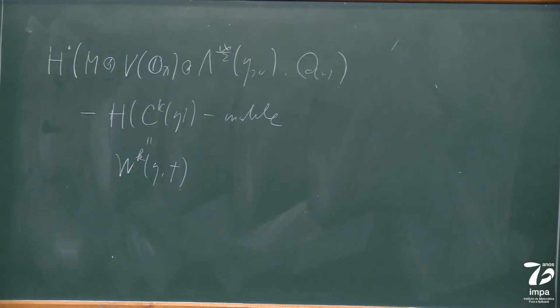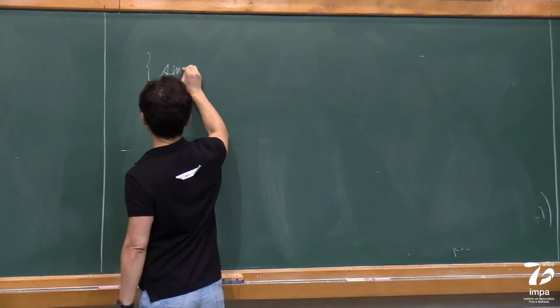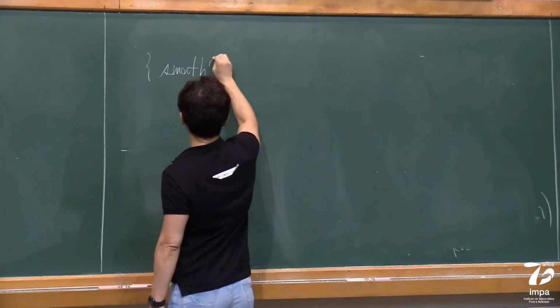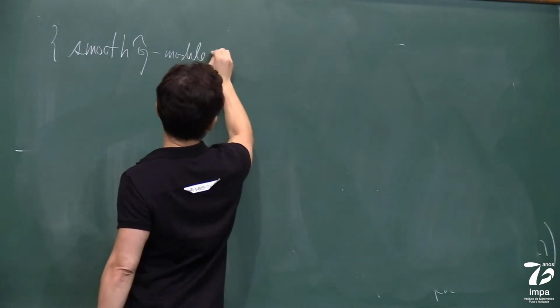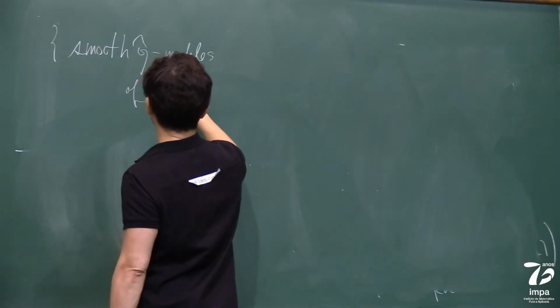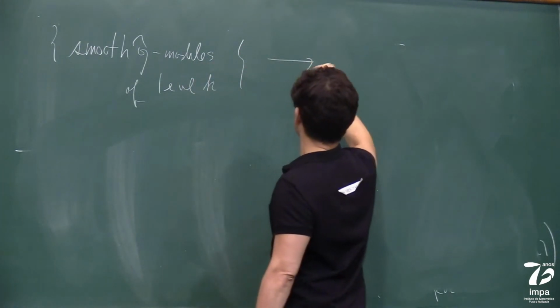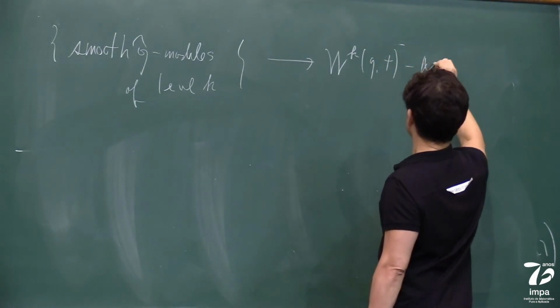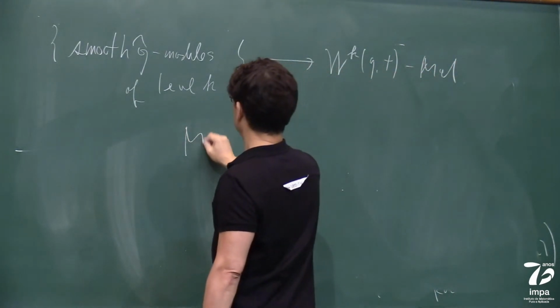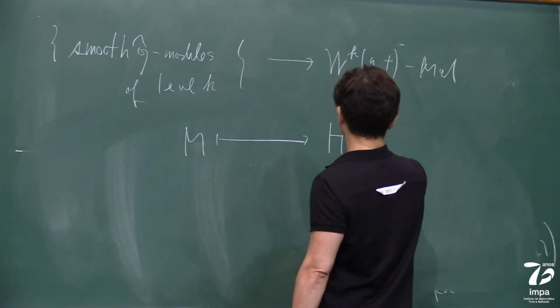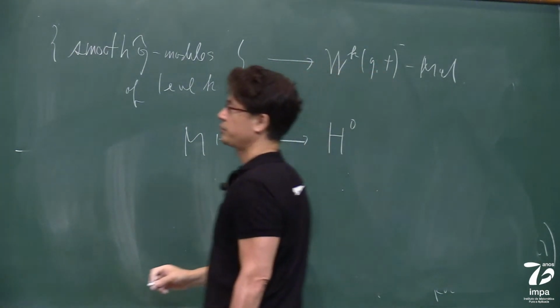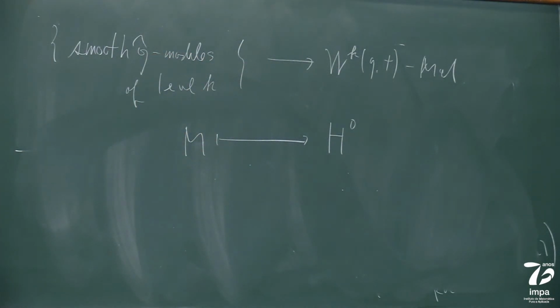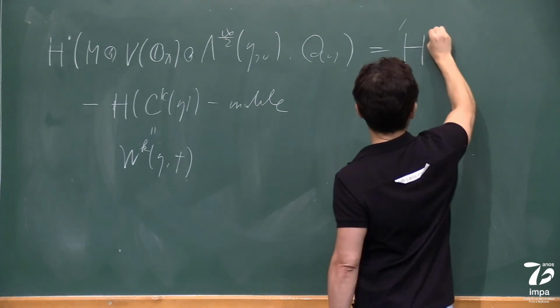So you have a functor from the category of smooth G hat modules of level K to the category of modules of the double algebra, which sends M to H0, maybe I should write this as H dot DS.